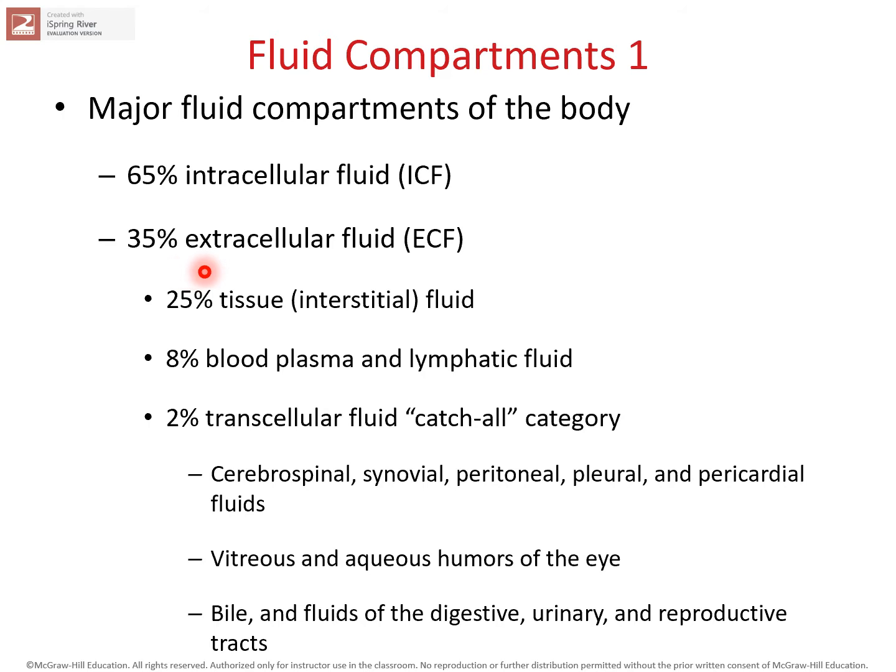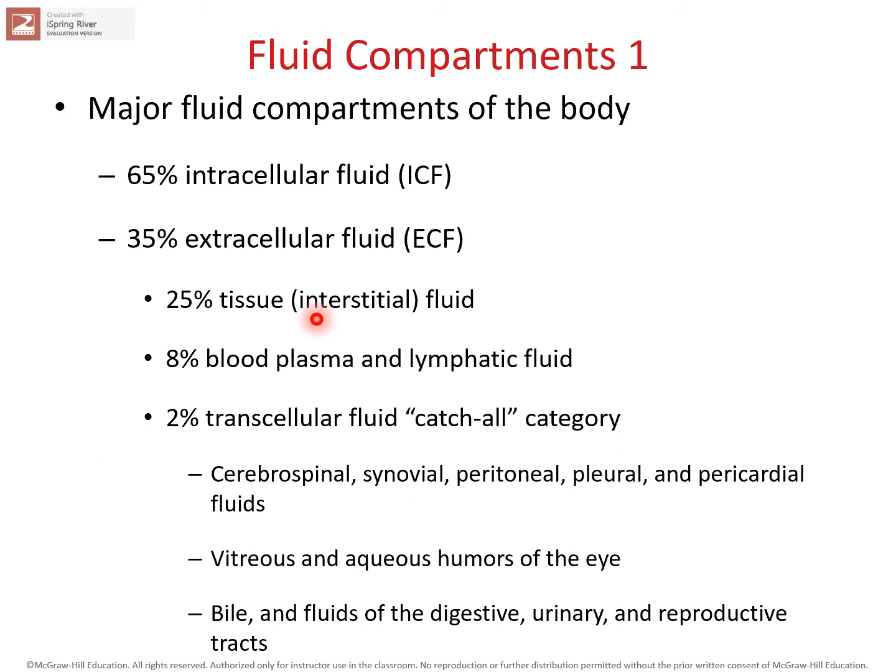Okay, now the extracellular fluid includes the interstitial fluid, the plasma, and something called the transcellular fluid. The interstitial fluid makes about 25% of the extracellular fluid, and interstitial fluid, if you remember from histology, is the fluid that surrounds all the cells except for blood.